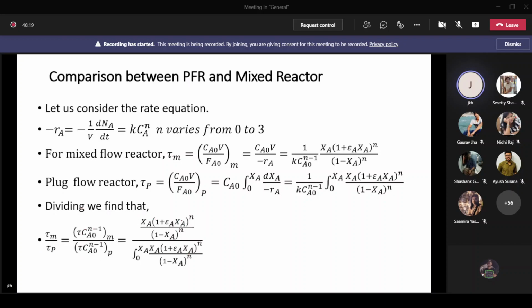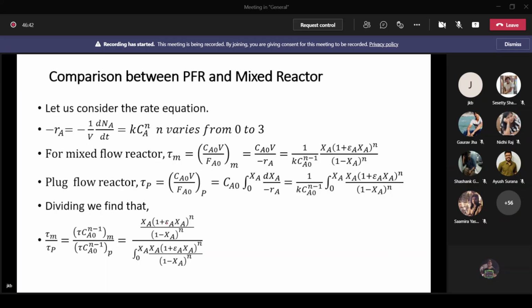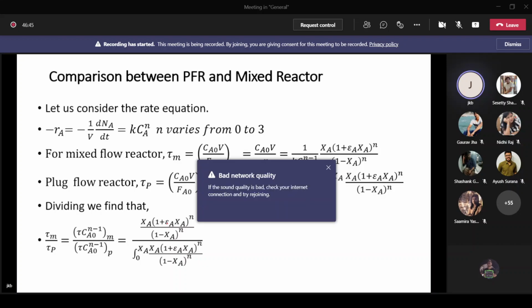And for different conversion and epsilon, you can calculate this ratio. Epsilon may be 0, 1, 2, 3 like this, or fractional values. Then for different conversion level, you calculate this ratio.